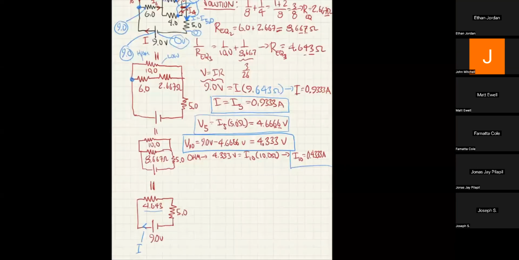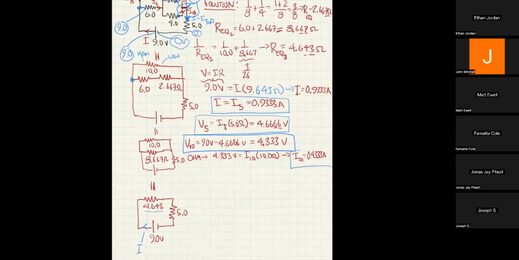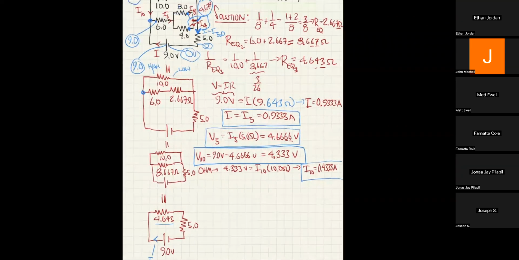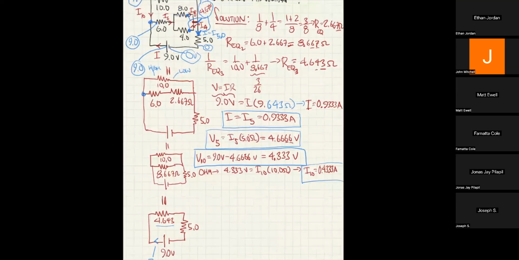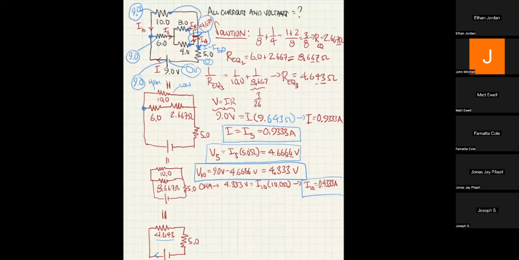Okay, so now I've got a lot of stuff figured out. I've got V10, I got V5, I got I, which is also I5. I got I10. So now it's just a matter of going through the rest of the stuff. Now, what we know is that I plus I10 both run into each other according to what I have drawn.